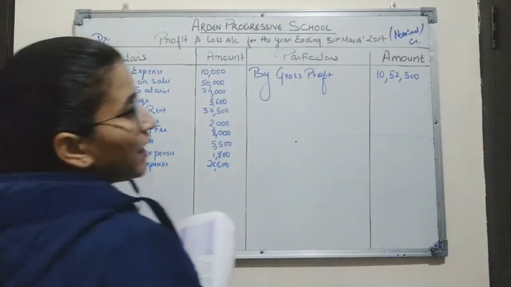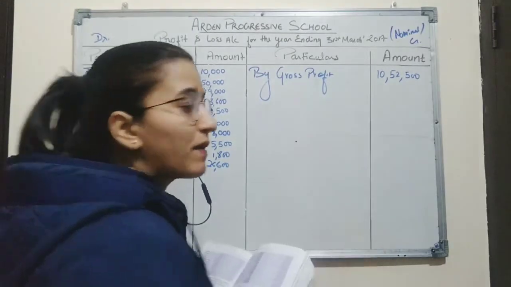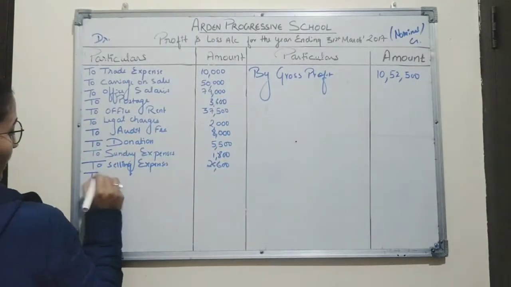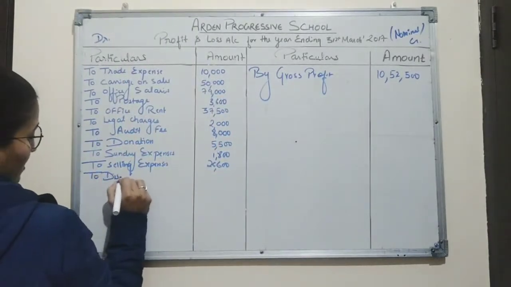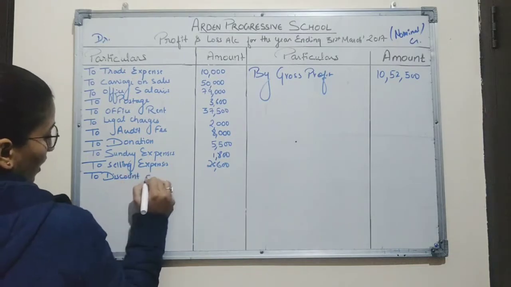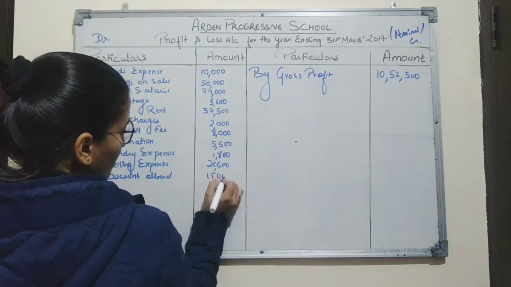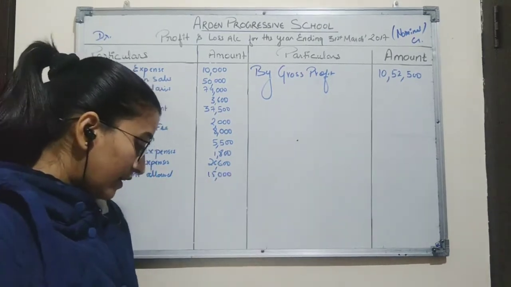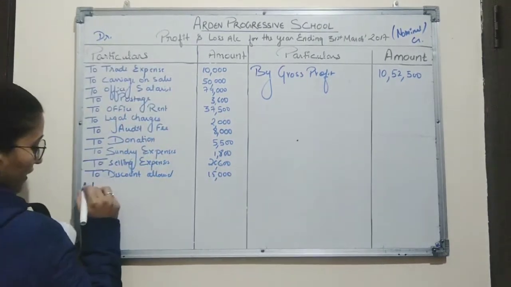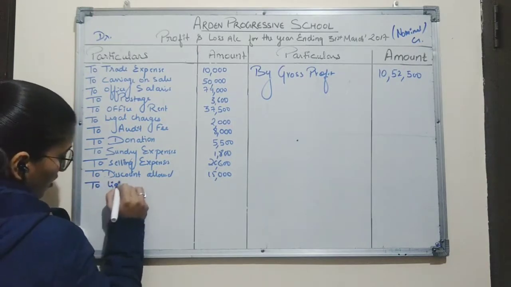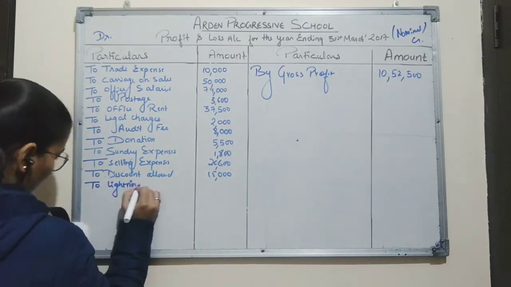After that, discount allowed. Discount is allowed by the company. Discount allowed is an expense for the company. So we will record it on the debit side as to discount allowed. Amount is rupees 15,000. Next expense is lighting. So we will write it as to lighting.